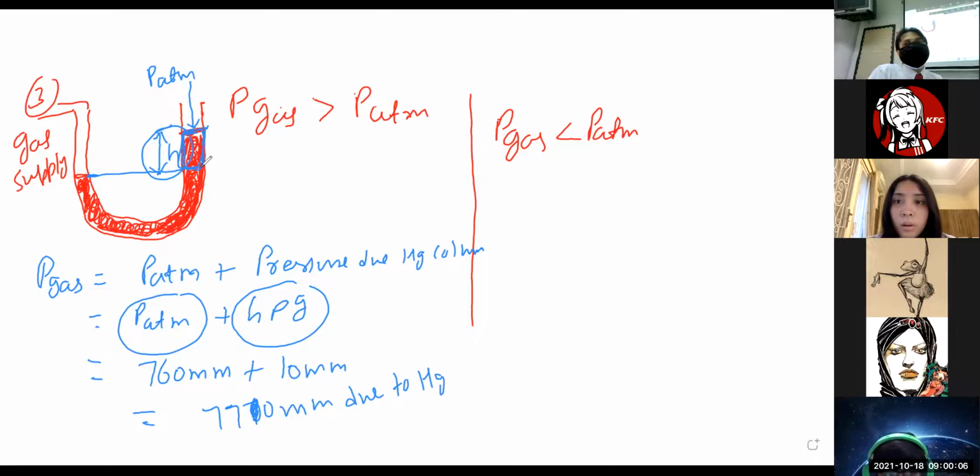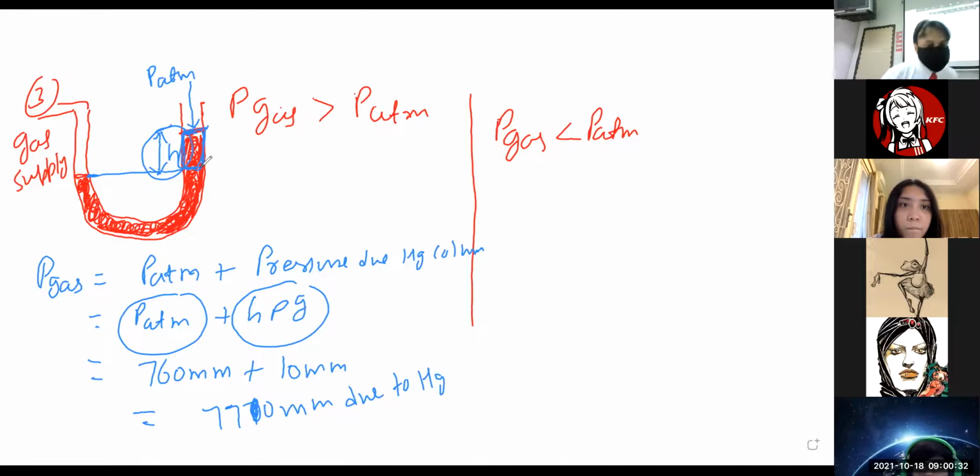On the left-hand side, if atmospheric pressure is higher, then what happens? Due to the higher pressure acting on the limb, this mercury level starts rising upward to a certain height, children.